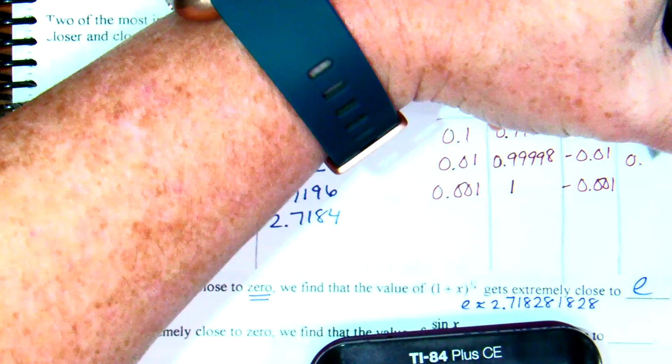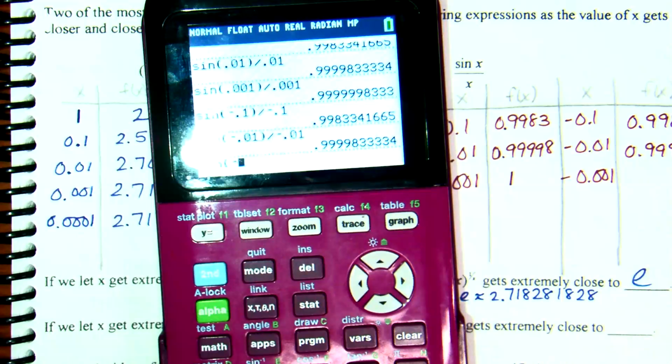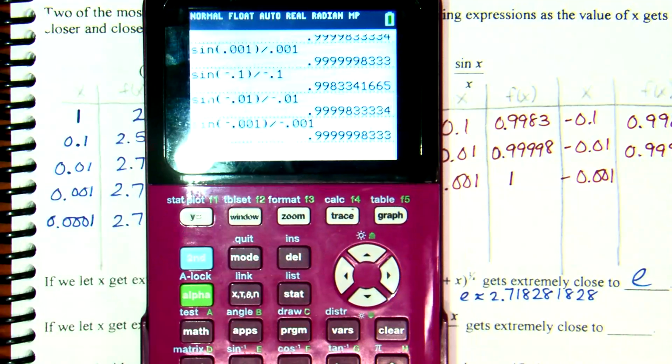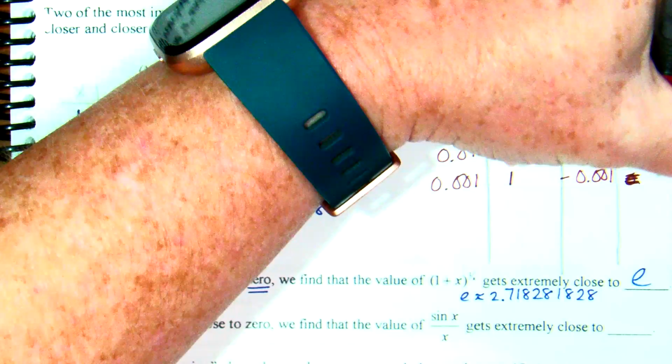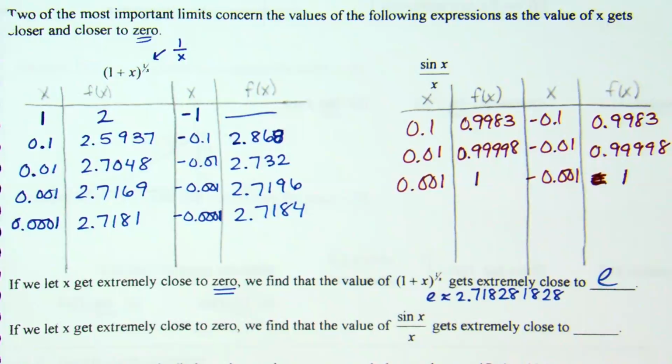Can you guess what's going to happen next? Yeah. Sine of negative 1,000th divided by negative 1,000th. Then we're back to more 9s than I really have room to write. If we kept going, what do you think the graph's getting closer and closer to? 1. Okay.